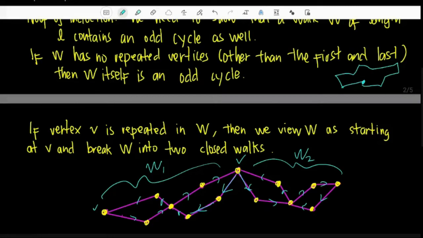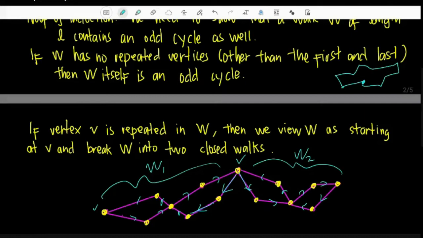So what happens is that since the original walk has odd length, if you split that into two, then one of the walks must be odd and one of the walks must be even, right? They cannot both be odd, and they cannot both be even. Definitely one of them will be odd. Without loss of generality, let's say W1 is odd.